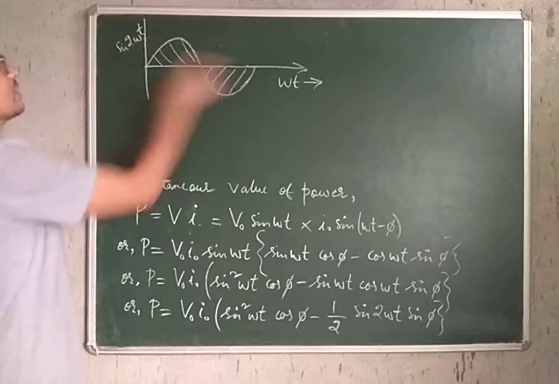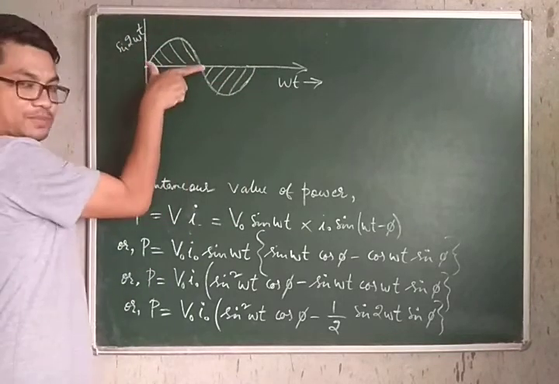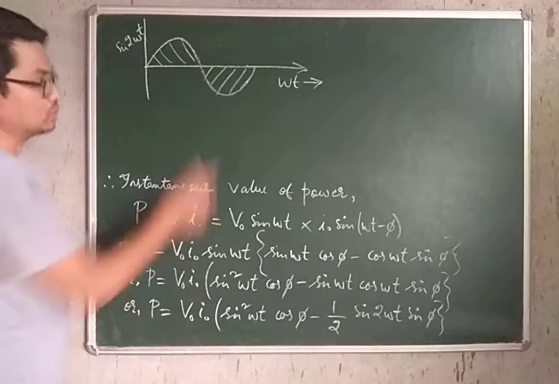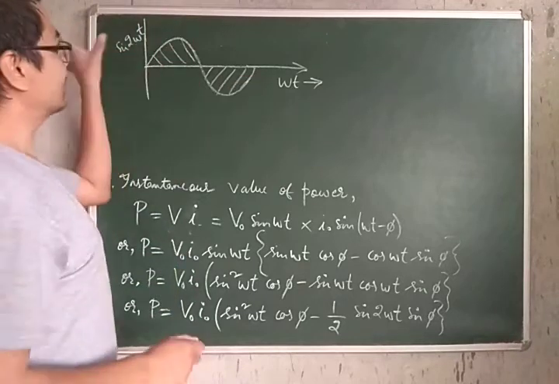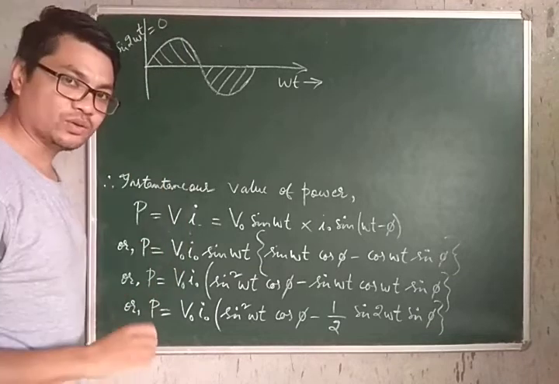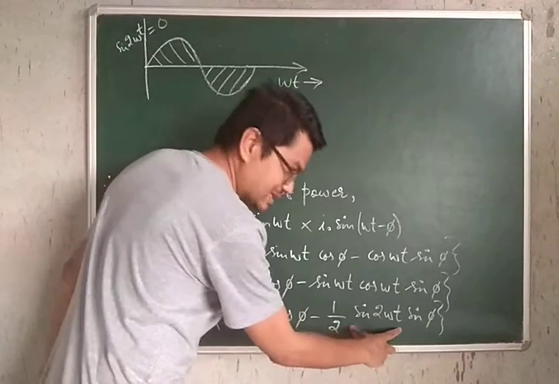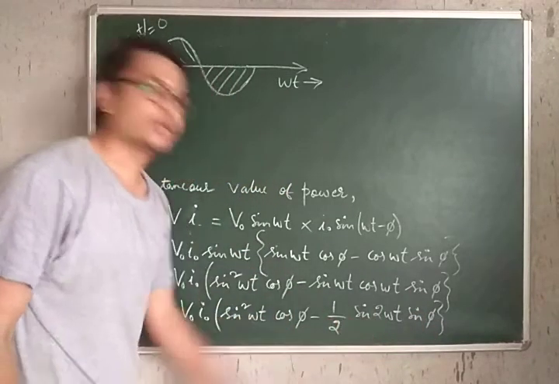So to say, for one complete cycle, the value of sin 2 omega t is equal to 0. Understood? So for one complete cycle, sin 2 omega t being 0, the whole second term is 0 over here.